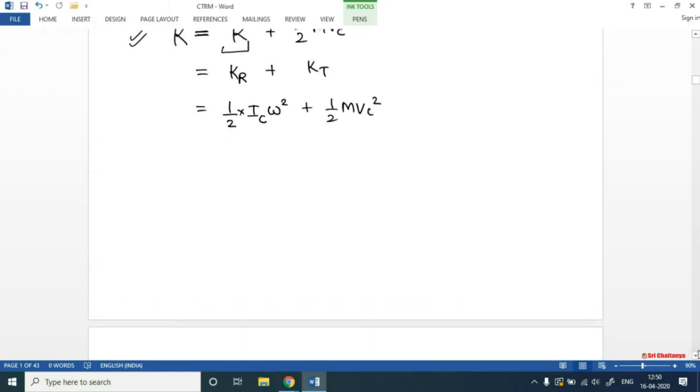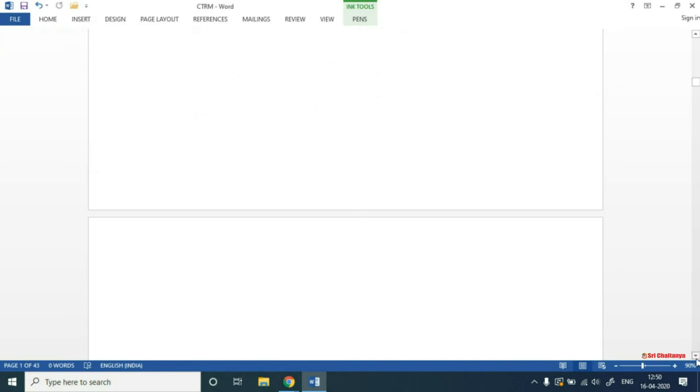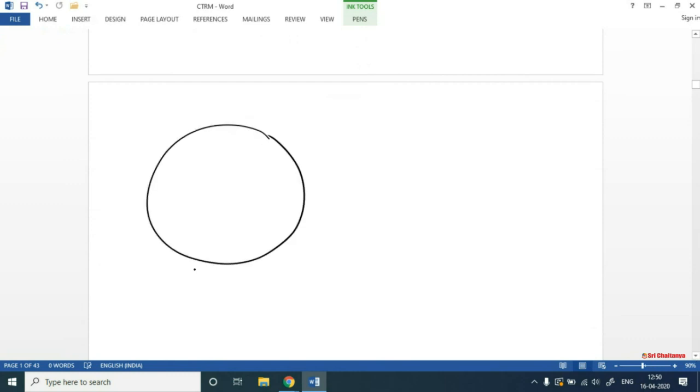Let's say, for example, we have a round object which is undergoing rolling motion with speed v naught, and its omega is nothing but v naught by r.